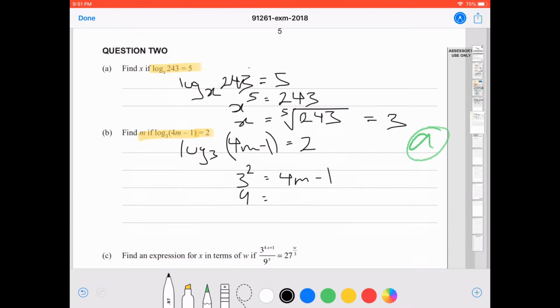And let's now bring, basically making m the subject, so we can say 10 equals 4m. Divide by 4 on both sides, m equals 10 over 4. And this could be written in a number of ways, so I guess you could say 5 over 2, or 2.5 as well.